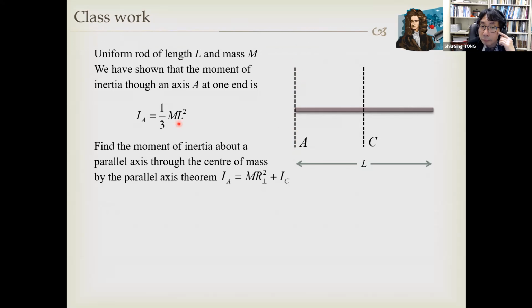Is that right? Please use the parallel axis theorem to find the moment of inertia about an axis that passes through the center of the rod and perpendicular to the rod. Okay. Now I give you 2 minutes to do it. It should be easy if you understand the formula well. Okay. You just tell me the answer.